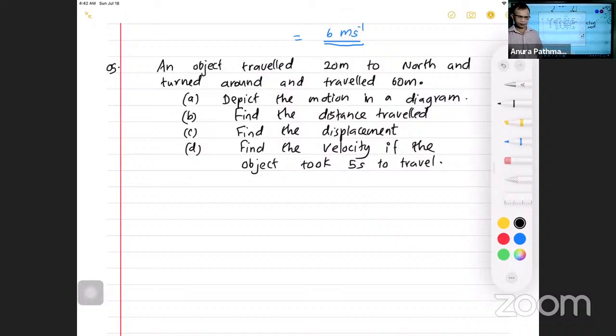So an object traveled 20 meters to north and turned around and traveled 60 meters, and depict the motion in a diagram. So first we want to identify the distance, and we want to identify the displacement.